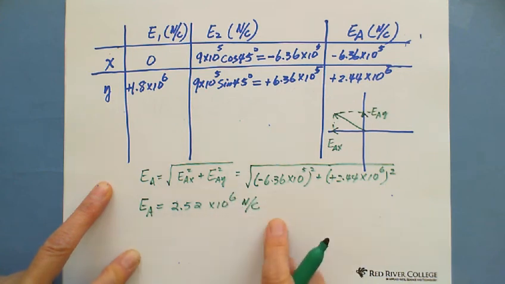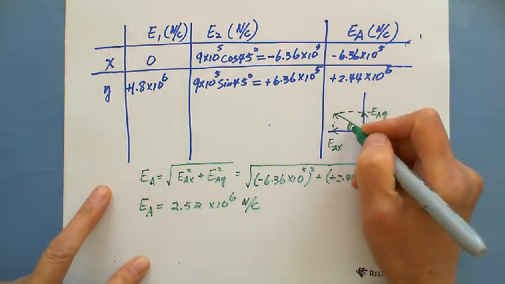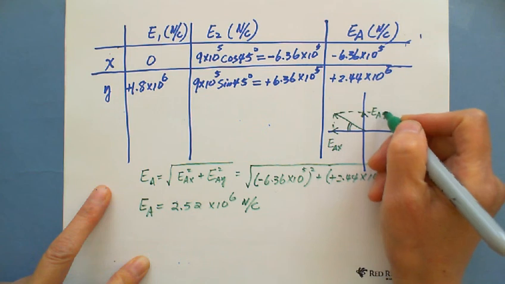This is the magnitude. To find the direction, we can find this angle first, because the opposite is EA y.